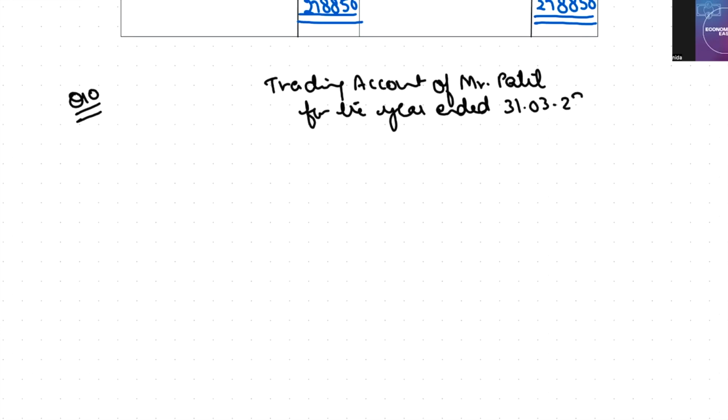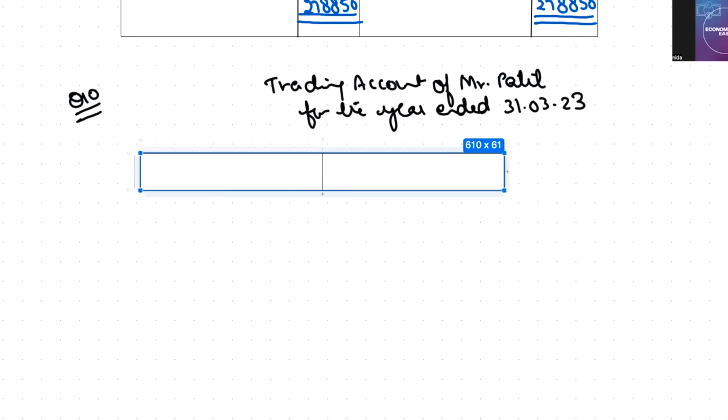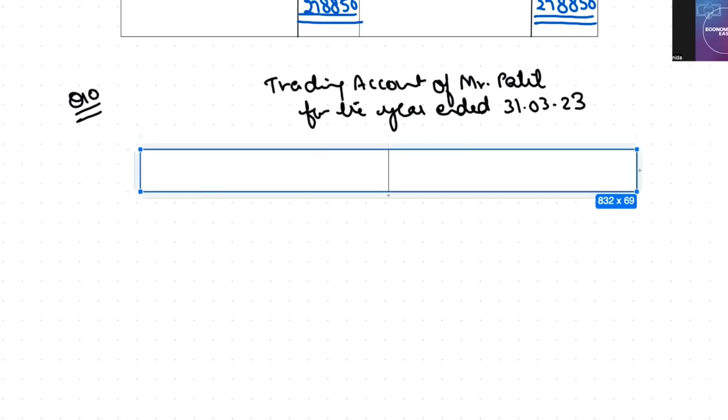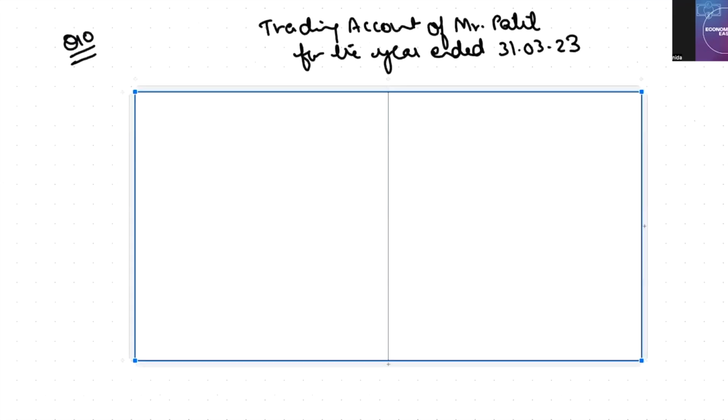Right? Now I'm going to draw the columns, and quickly you also have to make the columns. Particulars, amount rupees, particulars, amount rupees. Don't forget to mention debit and credit.